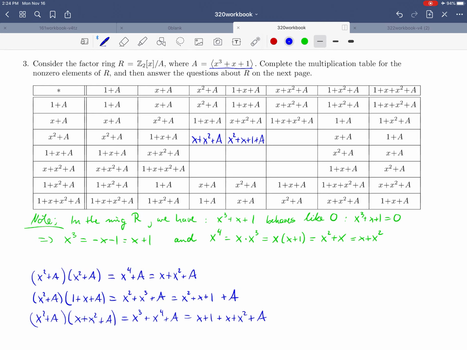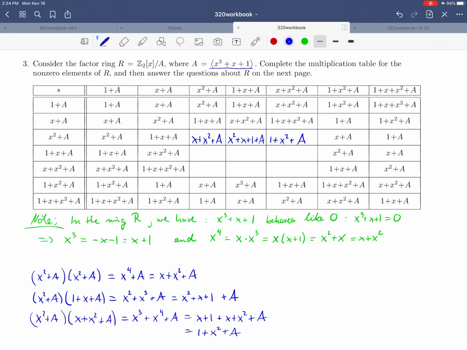But you see that's going to reduce further because x plus x is 2x, but 2 is the same as 0 because we are mod 2 in this ring. So the only thing that's left over is a 1 plus x squared plus a. So we can fill that in.